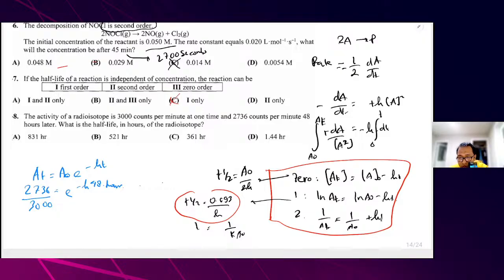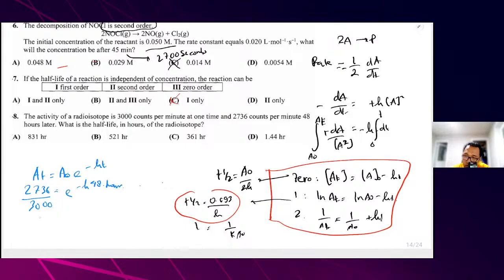So we can use ln. Okay, we can use ln 2736 divided by 3,000. Okay, minus, right?